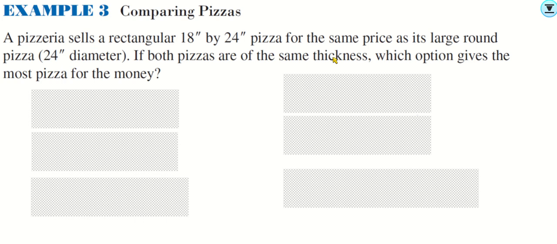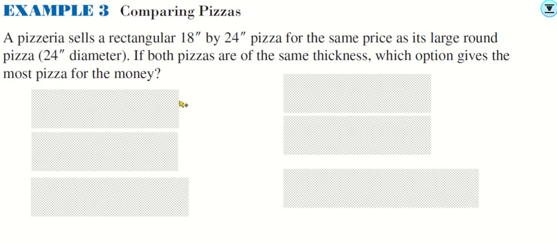It's a funny way to think about pizza. How much volume of pizza did you consume? Which option gives the most pizza for your money, the most bang for your buck? Same price. So really all we have to figure out is which one has the bigger area.